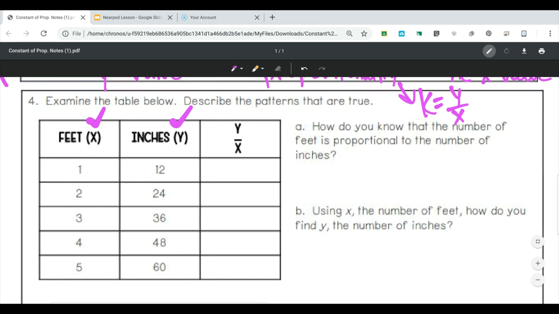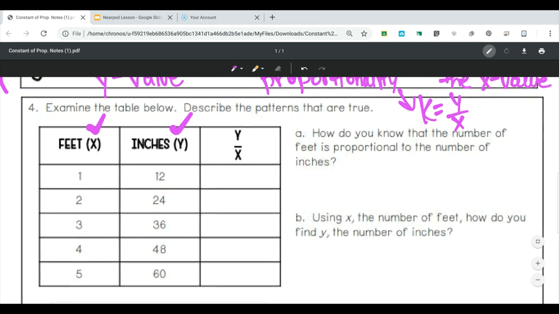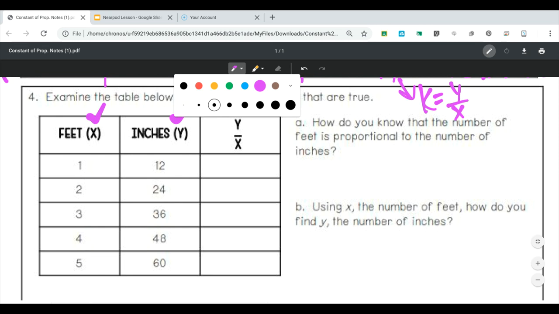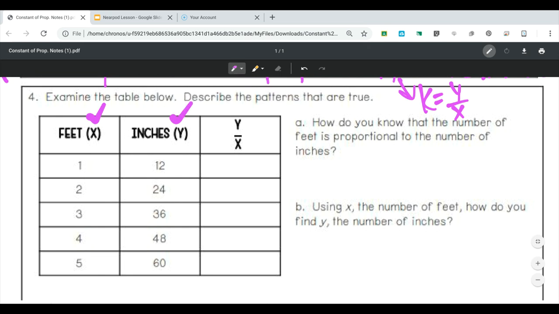All right, so let's figure out here what y over x is, okay? So they tell you the y and the x. So when you plug that in, plug your y over your x, 12 over 1, which is the same thing as 12, okay?